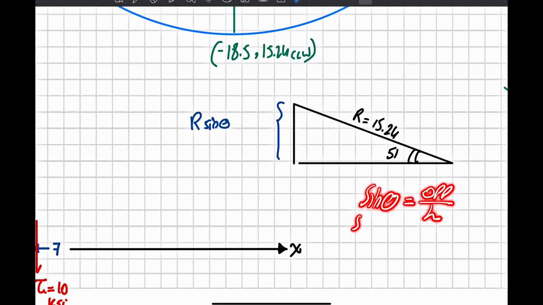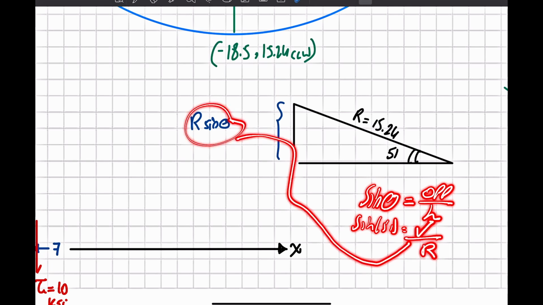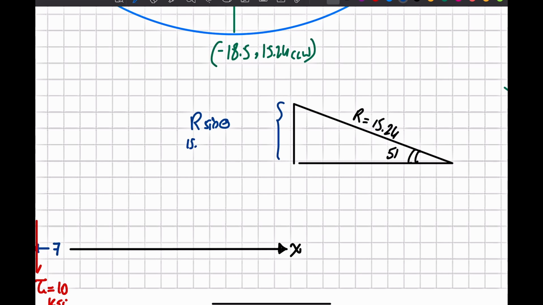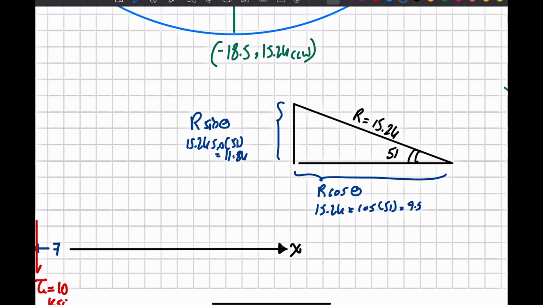So sine 51 is equal to opposite over radius. This is equal to r sine theta, so 15.24 sine 51, and I found it is 11.84. Here I'm going to say r cosine theta, which is 15.24 times cosine 51, and I'm getting 9.59.